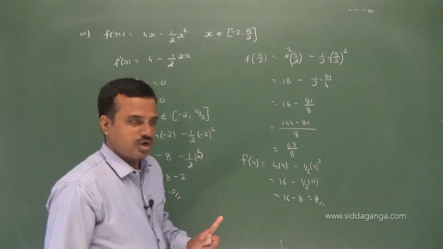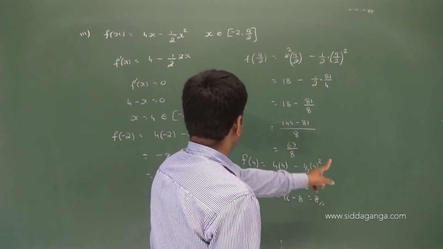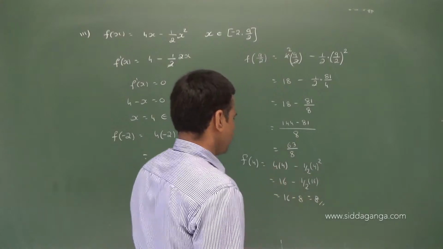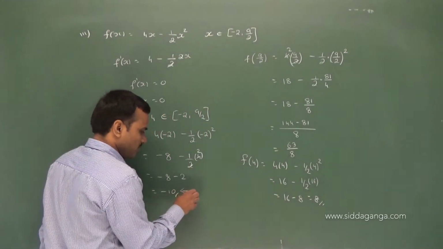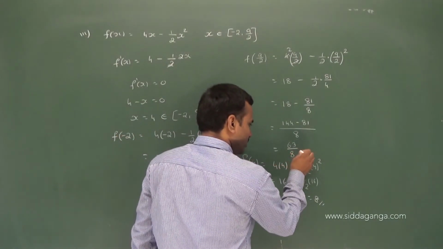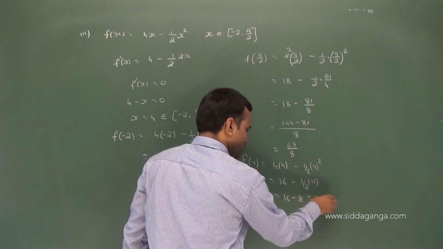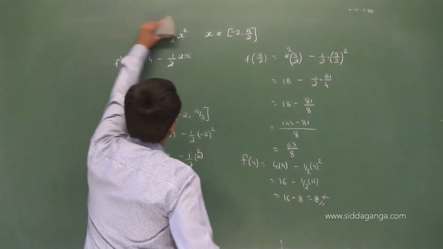So among these three values, 4 into 4 is 16, minus 1 by 2 of 4 square, 4 square is 16, it is 8. Among these values, this is the minimum value, absolute minimum value. This is nearly 7 point something, and that's why this is the maximum value.